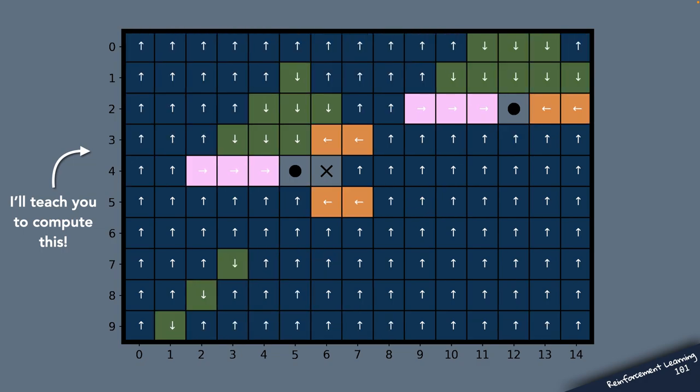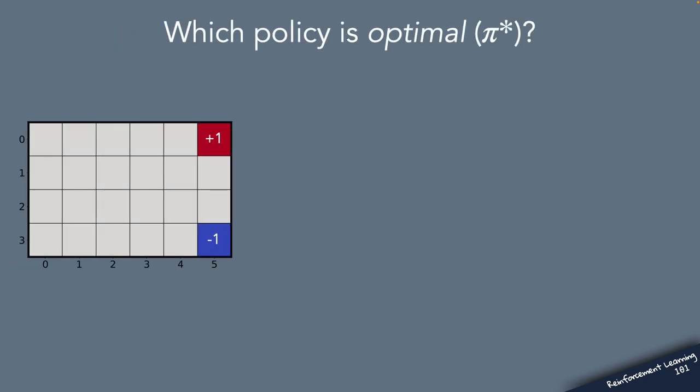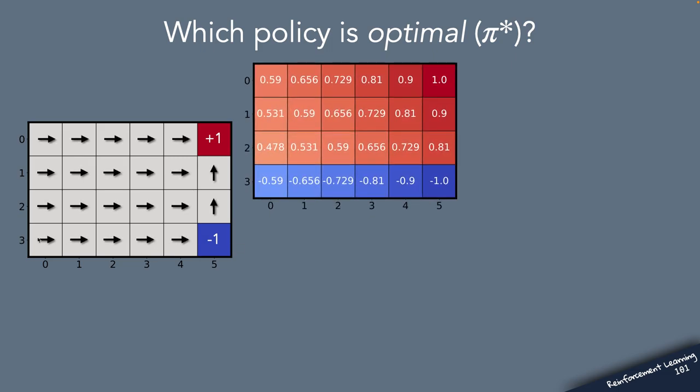But first, let's think about what characterizes the optimal policy, denoted pi star. This policy is not optimal because starting in some states leads the agent to receive the -1 reward. This is the policy that we've been using in the previous video.